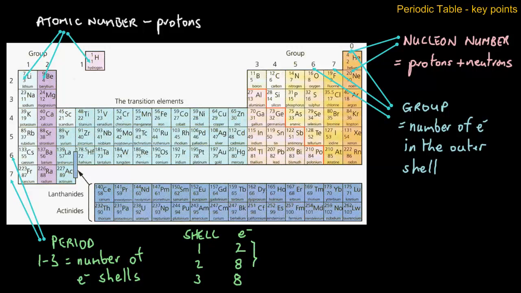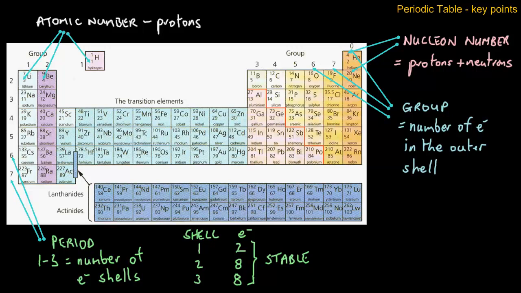Remember, this means that these are stable. You're going to give it stable or unreactive. Notice also how it's always pairs of electrons, and I've said before that electrons like to go around in pairs. They don't like being alone.